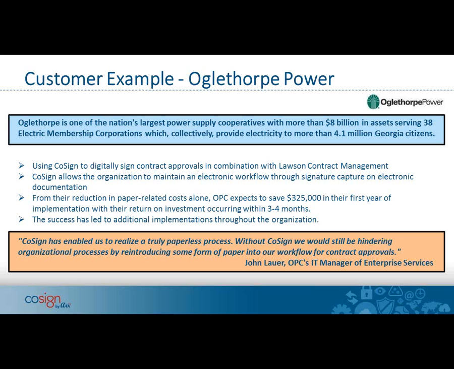So Cosign allowed the organization to maintain electronic workflow to gather the signatures for these approvals and keep their electronic documents electronic. As a result of that implementation, Cosign saved them on their paper-based cost alone $325,000 in the first year of implementation, and the return on investment in purchasing the system was achieved in 3 to 4 months.